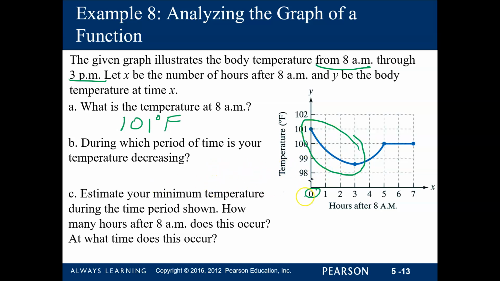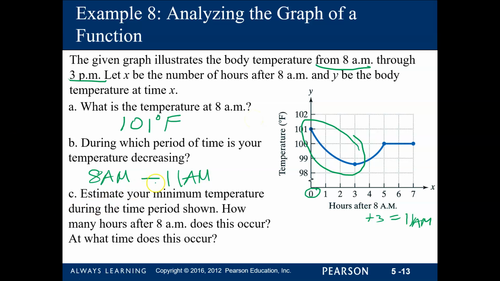So we know that this is 8 a.m. and after 3 hours, the temperature was decreasing. So what is 3 hours after 8? If you add 3, that's going to be 11 a.m. So there's a decrease of temperature from 8 a.m. up to 11 a.m. All right? So that's what this part of the graph is telling us.